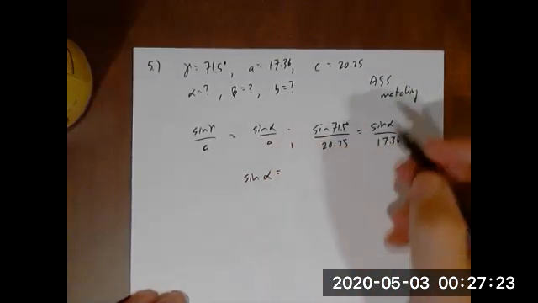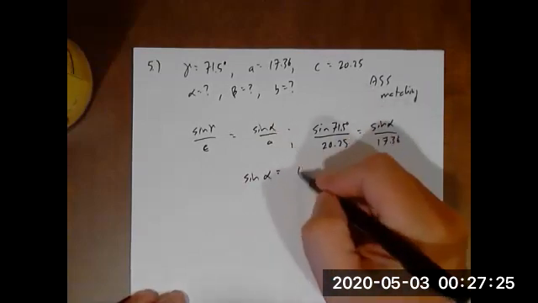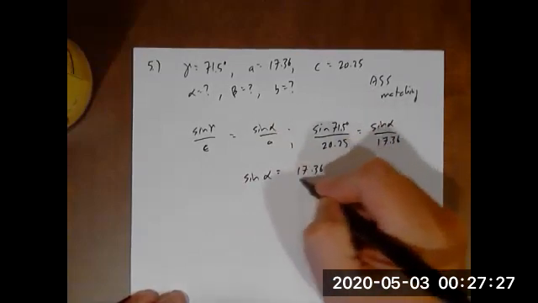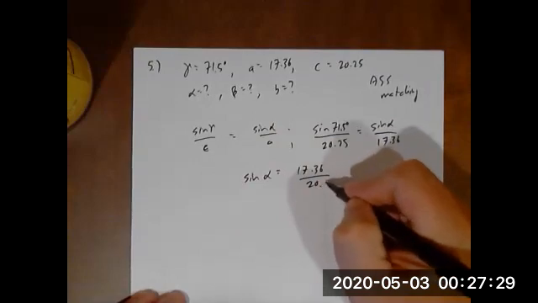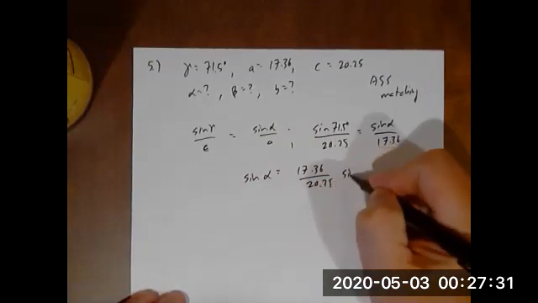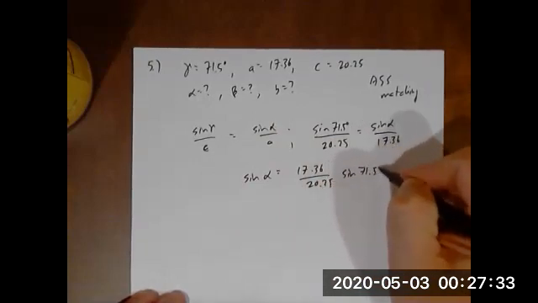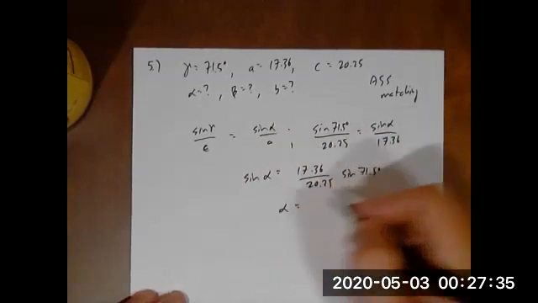So the sine of alpha is going to be 17.36 divided by 20.25 times sine of 71.5 degrees. So I'll do this calculation, and then I'm going to go ahead and take the inverse sine just to save a little bit of time since we've done these problems already 3 or 4 times.